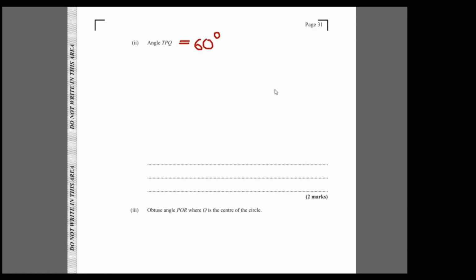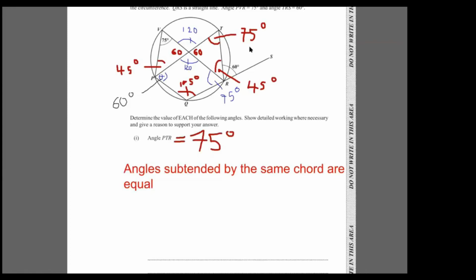All right, to give a reason, well, I did so many reasons and I showed so many workings. So in reality, in a final check, you can just tell them that in a cyclic quad, you found this angle to be 75.